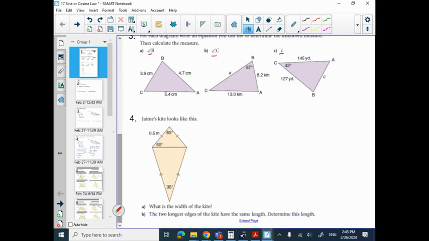Number 4 is more of a work-your-way-through problem solving question. It's multiple steps, but just focus on what you can figure out step by step. Huge hint, maybe: obviously you can figure out that angle, and that might help, and so on. That might be a first step, but work your way through it.